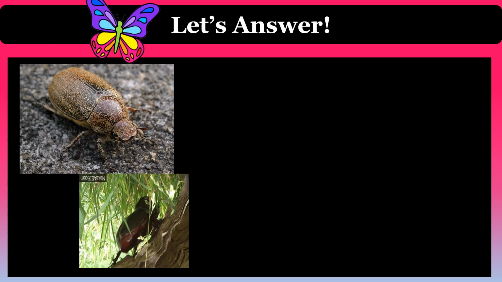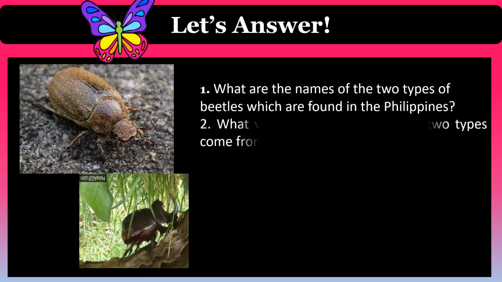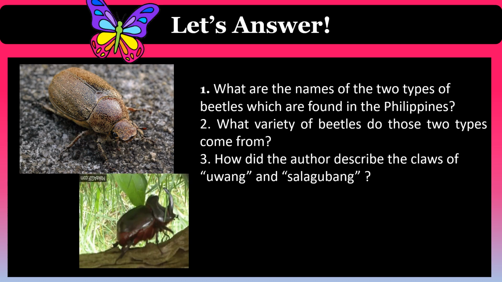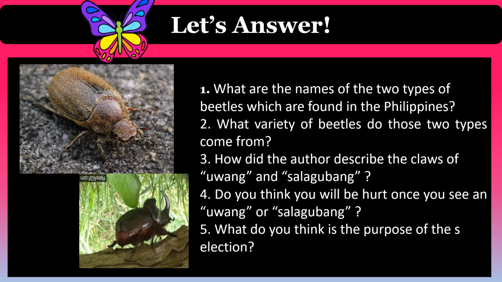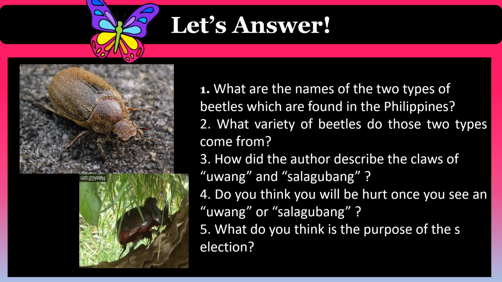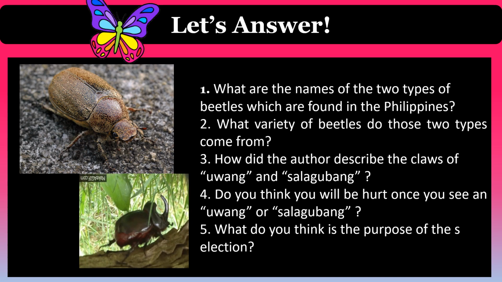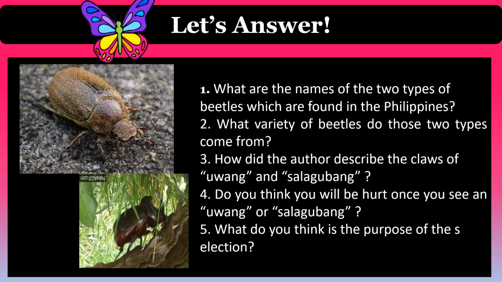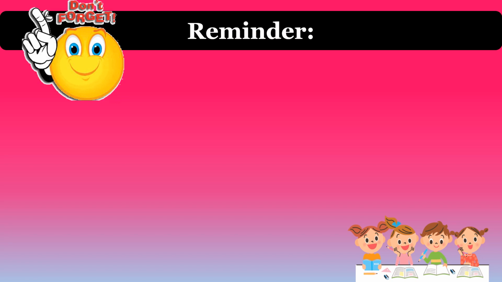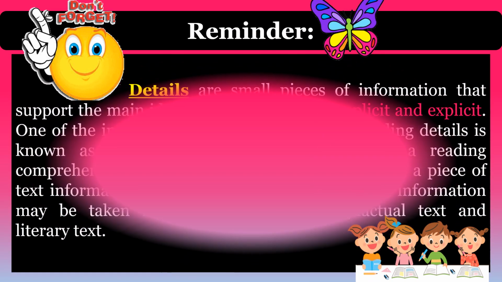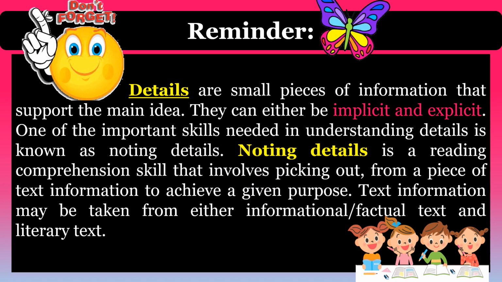So here are the questions about that. Let's answer. And of course, kids, just the same, you are going to write your answers in your notebooks, and we will get back to that later. So here are the 5 questions about uwang and salagubang. Now, do not forget this, which means you should remember. Details are small pieces of information that support the main idea.